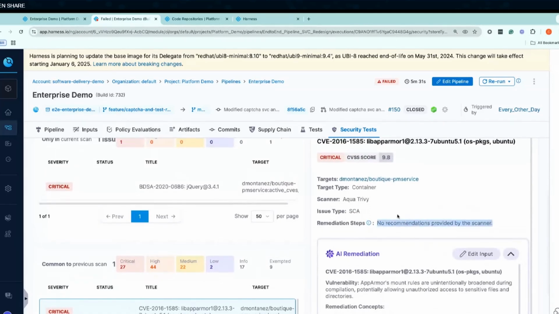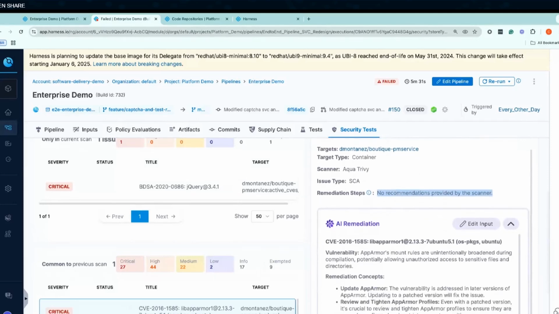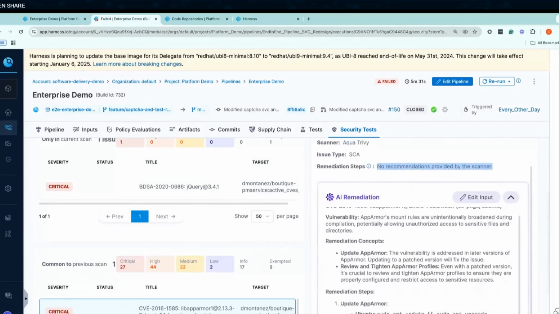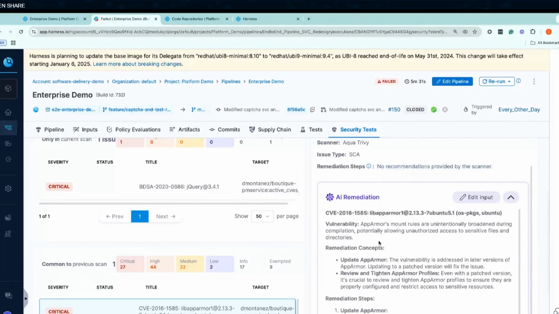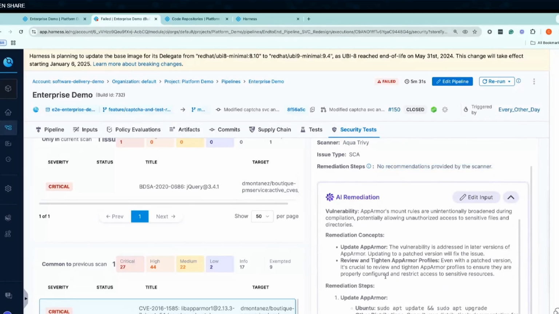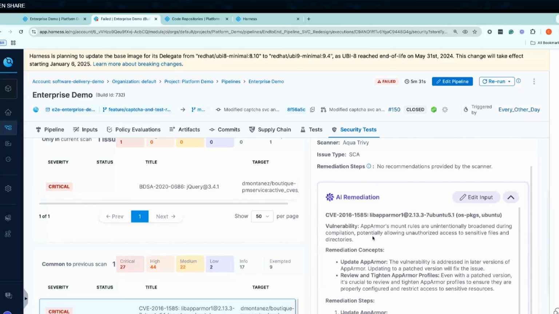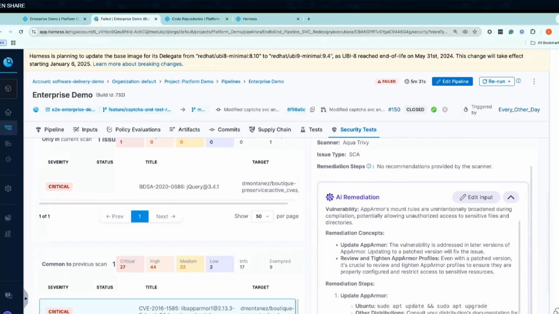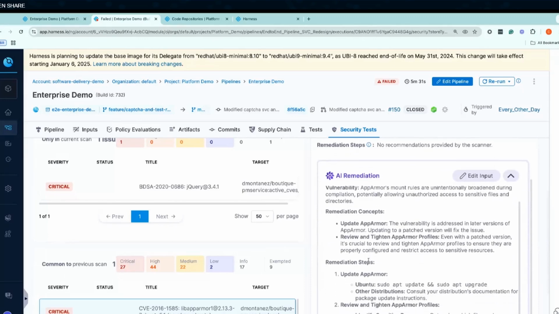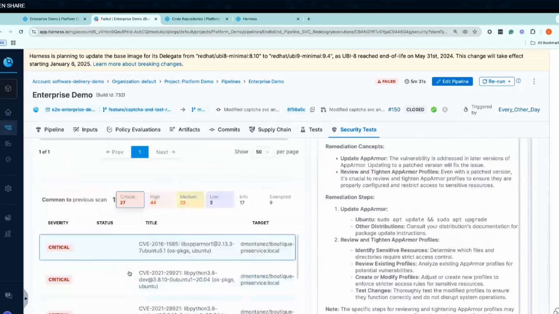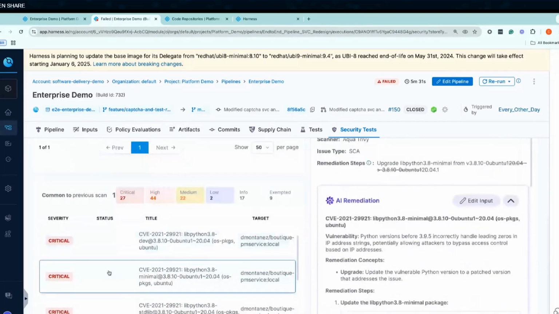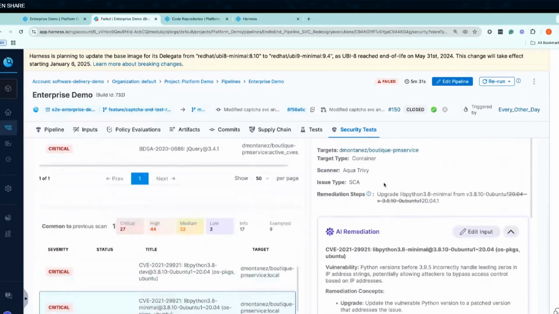So what we do is we integrate our own AI into this, and then we give you steps that can be used to remediate this. Our AI in this case is extremely powerful, and developers can go through these steps and actually resolve this vulnerability. There are also some examples where remediation steps are provided, so we actually show them. For example, in this case, you can just upgrade the library to a more secure one, and that basically helps solve this particular issue.